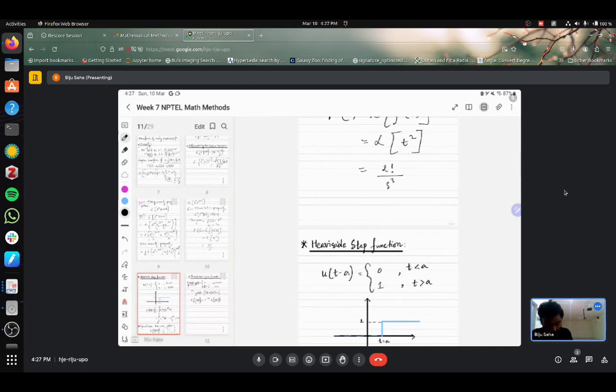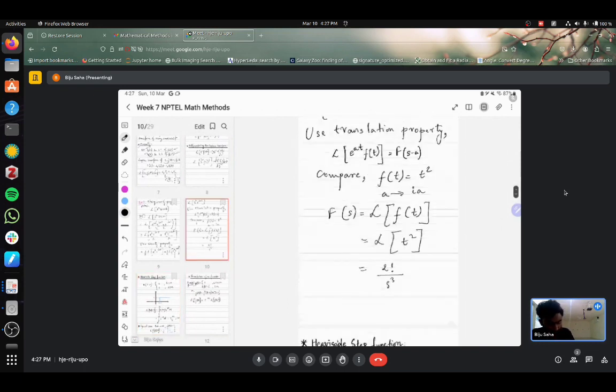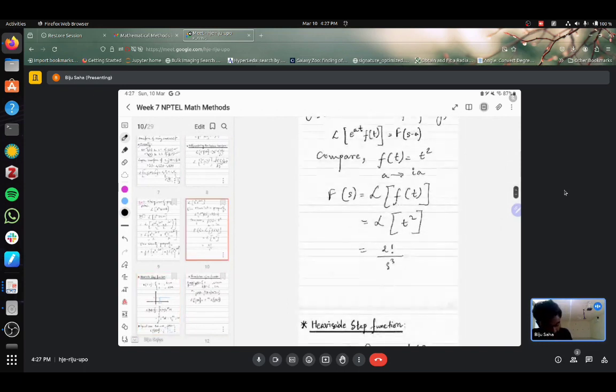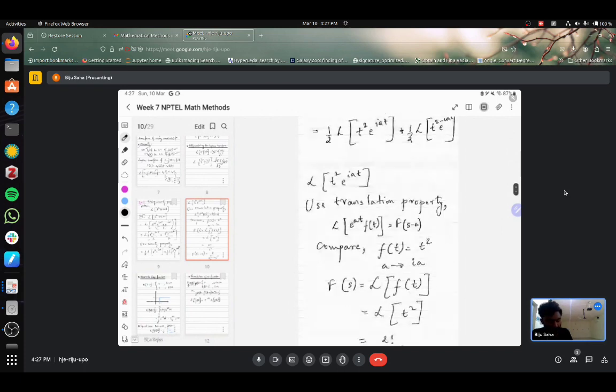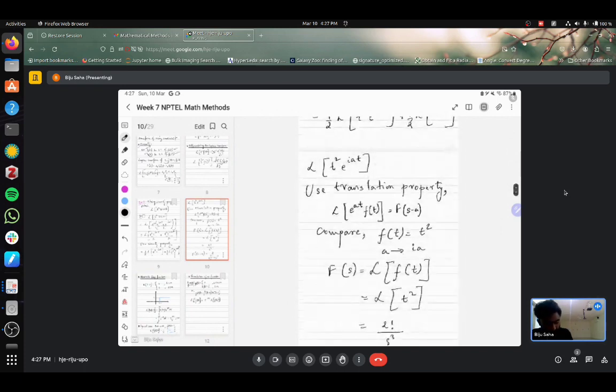So you have obtained this F(s). Now you can easily obtain F(s minus a), so that will be 2 over (s minus ia) cubed. So you have obtained this result.